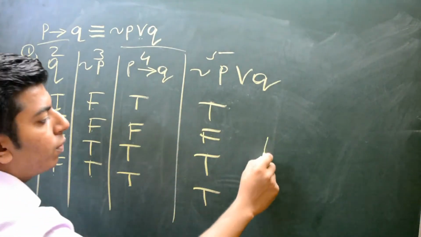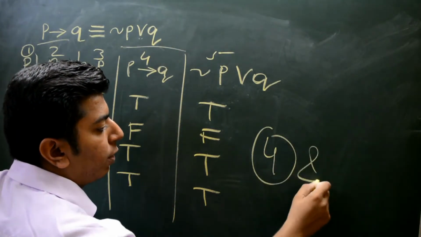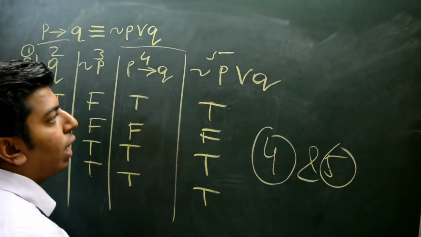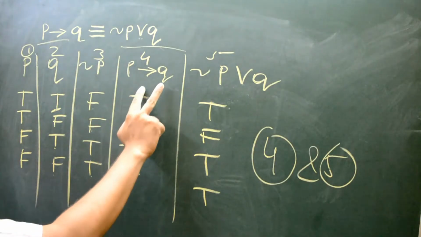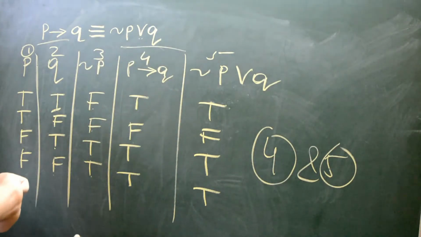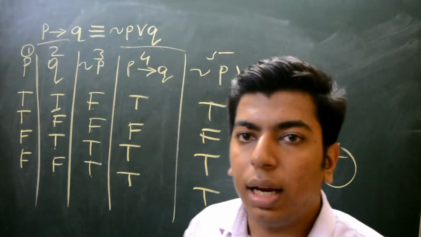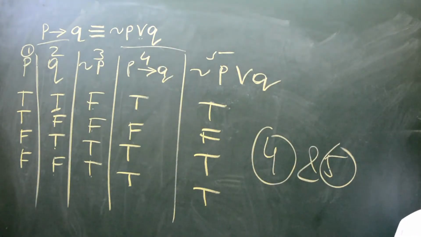By columns 4 and 5, we are getting the left hand side and the right hand side equal. Hence we have proved this.